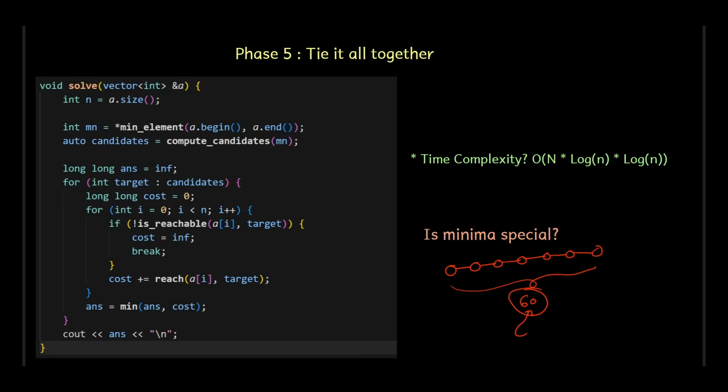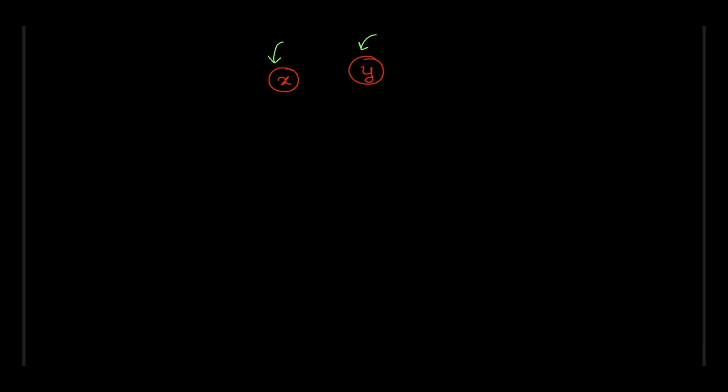But now if you are allowed to change both x and y, and this time I tell you that the array is of length 2, now equalize them, then would you still have to try out 60 candidates, or can you trim down the list?